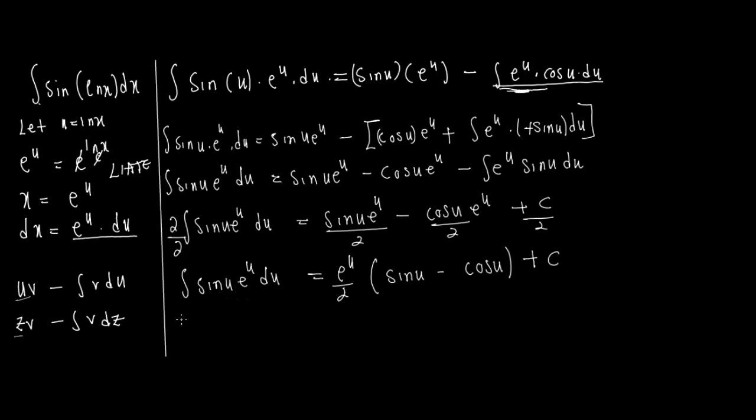So here we'll have the integral of sine of, what is u? We said that u is ln x. And what is du? So going back here, we'll divide e to the u by e to the u. So du will become dx over e to the u.